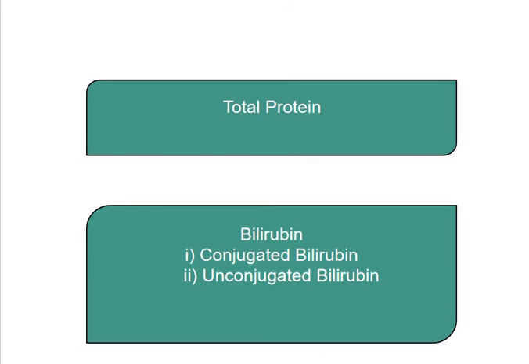Starting from the cell count, the CBC, platelets, sugar level, all these parameters differ in case of male, female, and children.